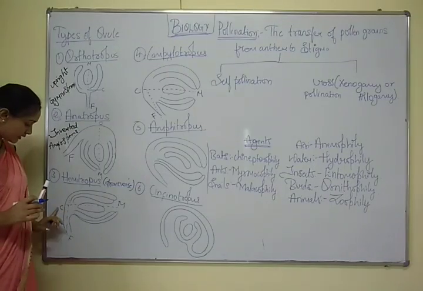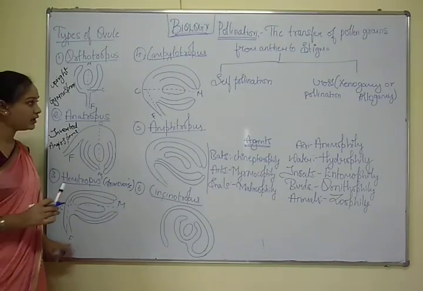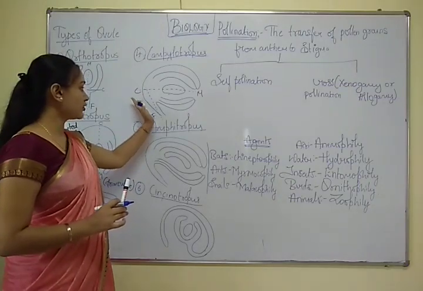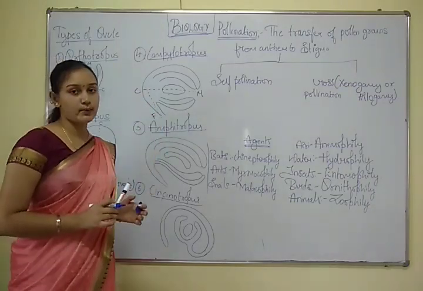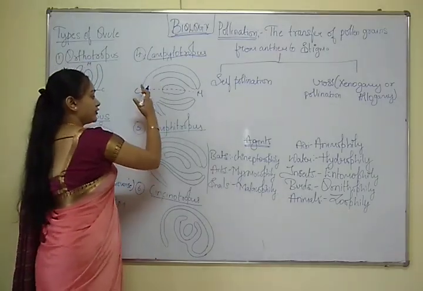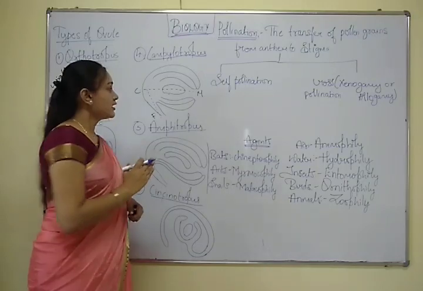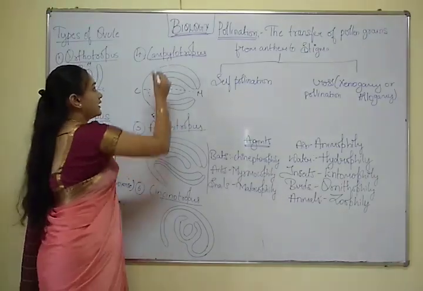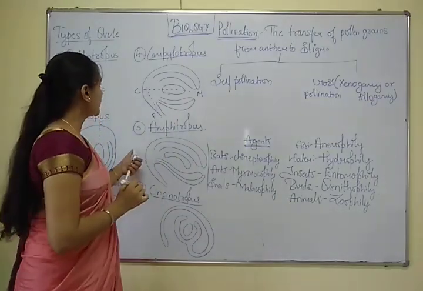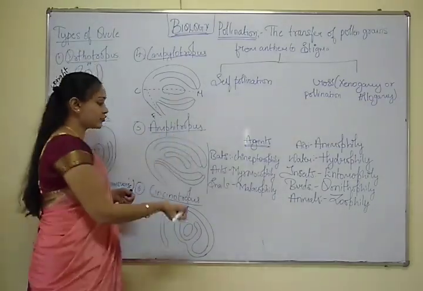The funicle stalk is quite bent. This type is called a campylotropous ovule. Understood?